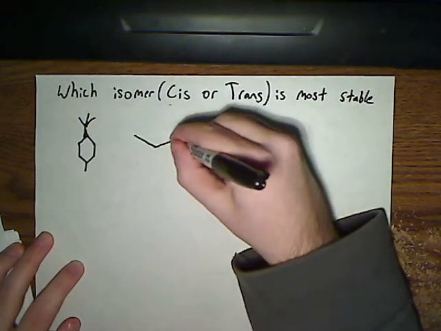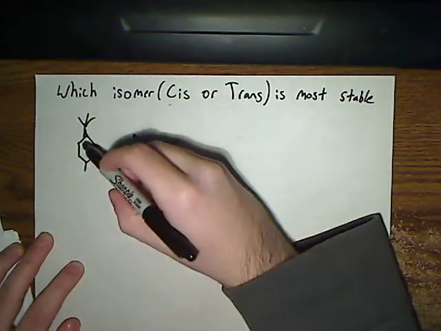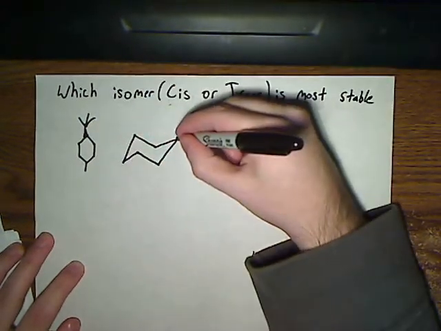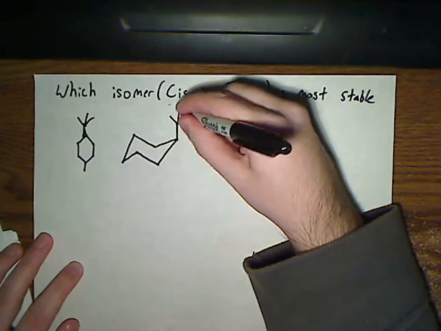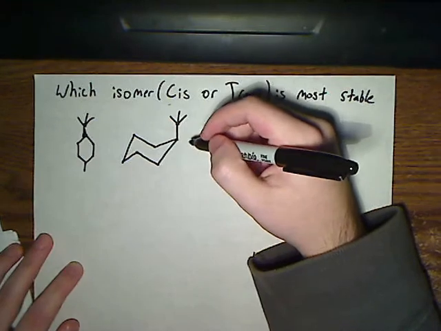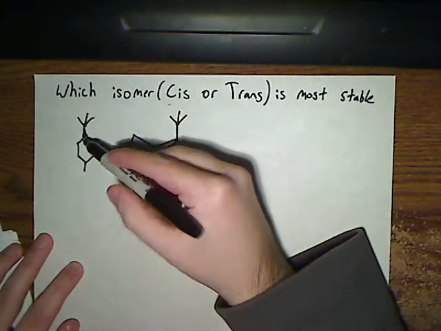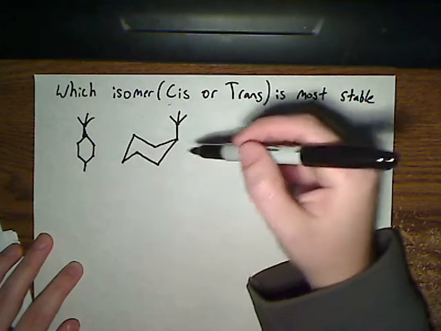So I'm going to start that, simple chair, and I'm just going to choose this to be carbon 1 right here. And this is going to be the cis isomer, so they're both going to be in the up position for this one. Now I'm going to count how many carbons away this methyl group is. 1, 2, 3, 4.